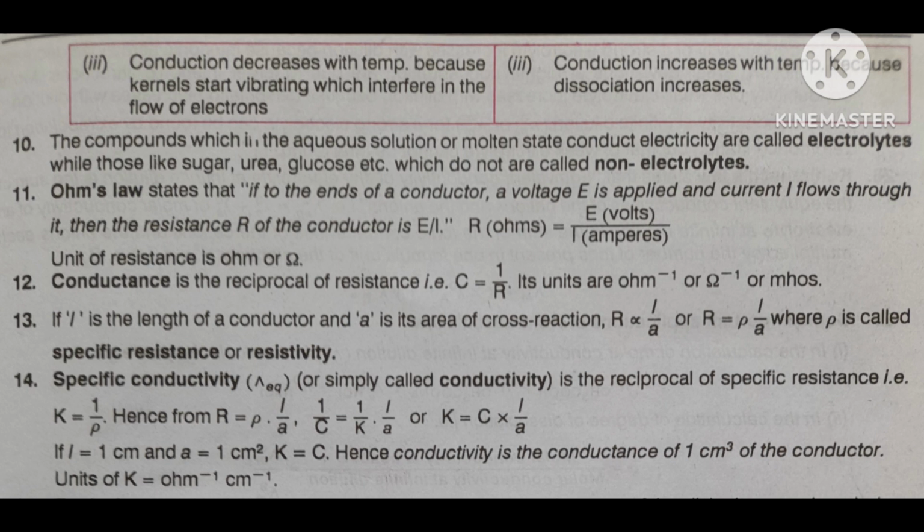After that you put the rho value in K is equal to 1 upon rho, then you will get K is equal to C into L upon A.